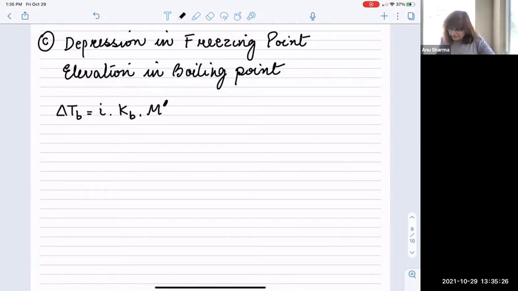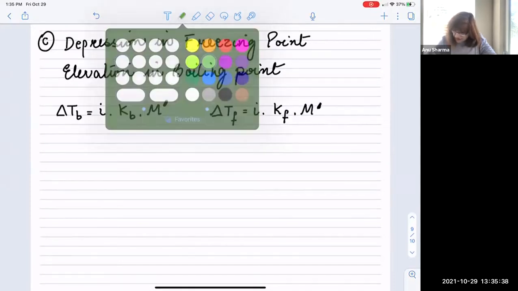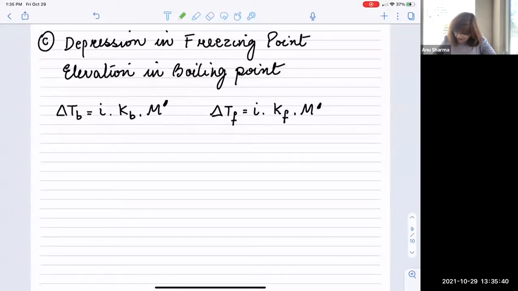The other one is delta TF equals i times Kf times m dash. This one is for the boiling point, and this one is for the depression in freezing point. So these two equations.